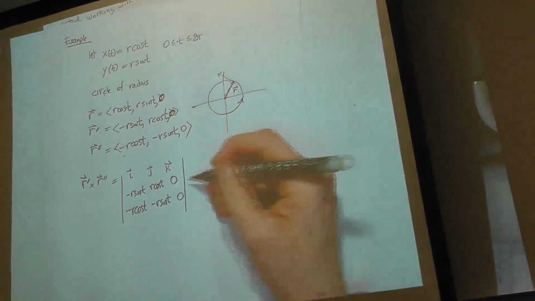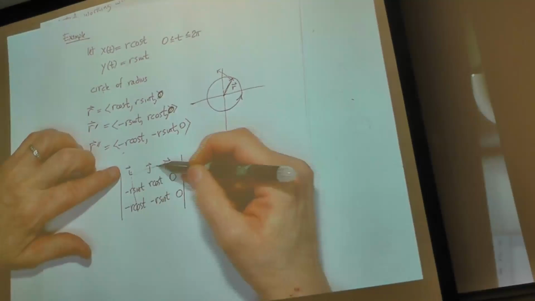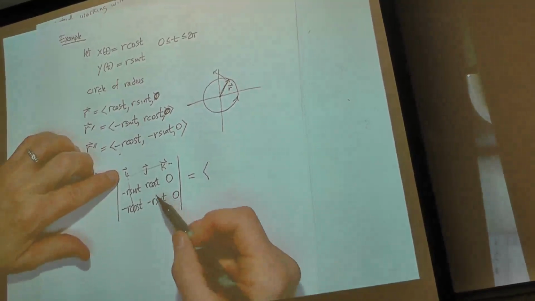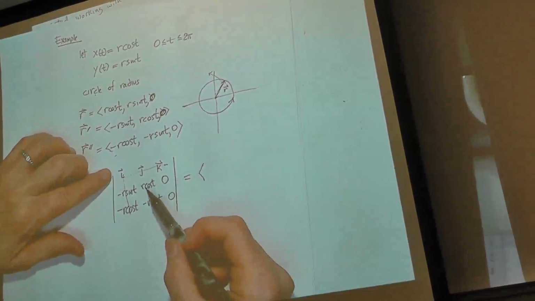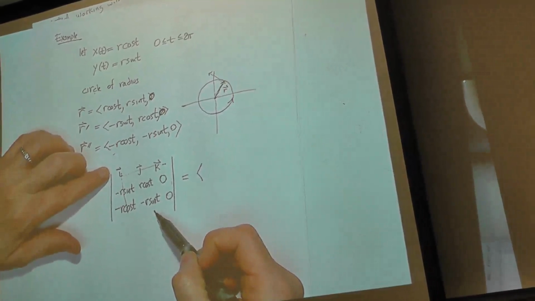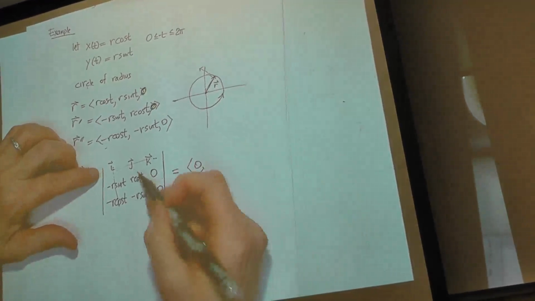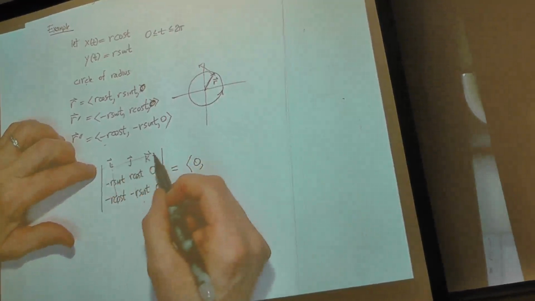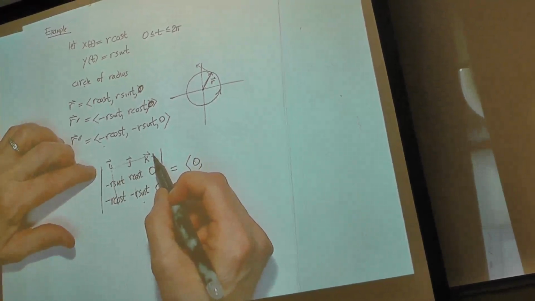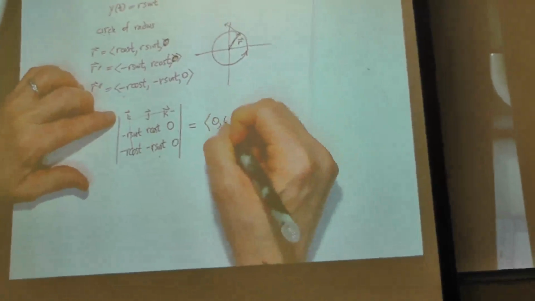Okay, so we cross. The I component is going to give me 0. The J component is also going to be 0.